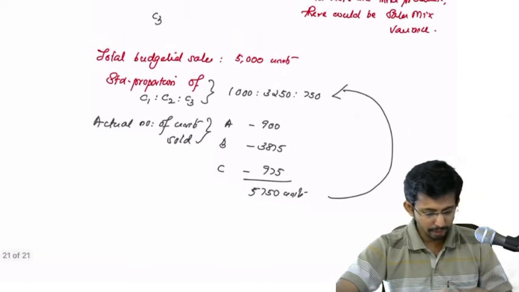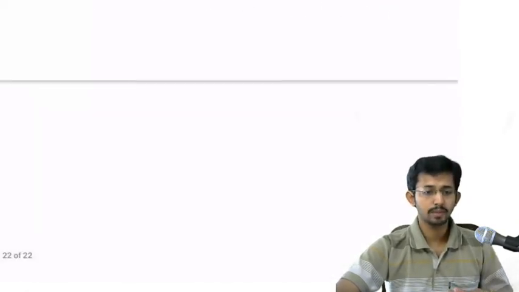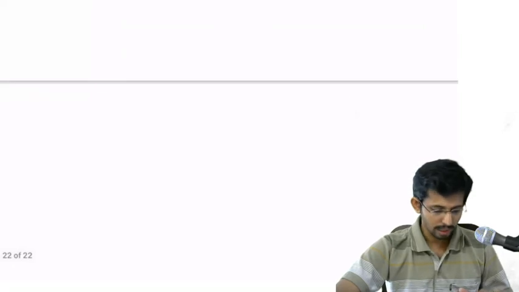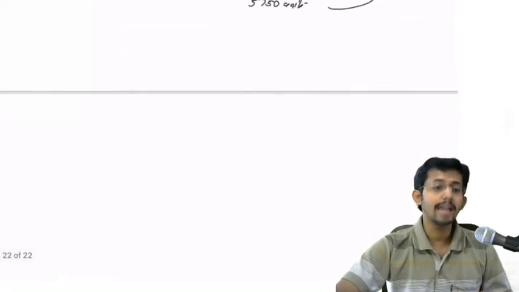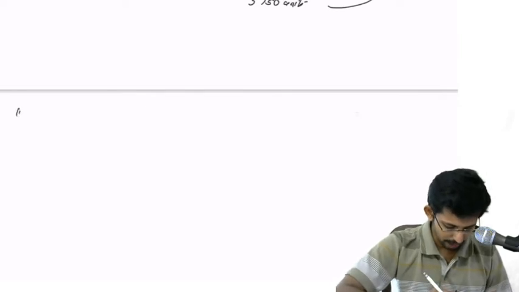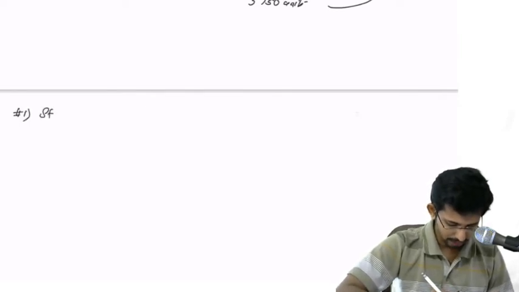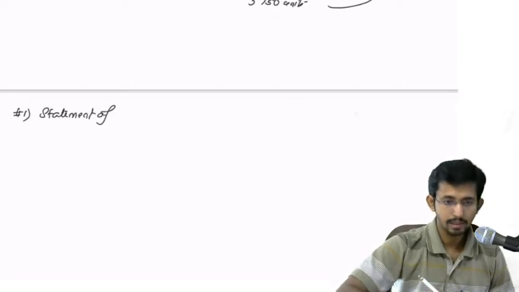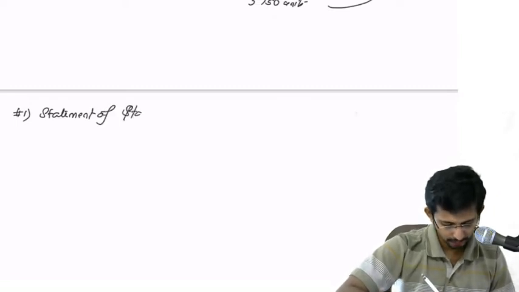First, you have to do some working notes. How to do the working note? You need to find out the standard contribution first. So you can give the working note number 1, statement of standard contribution.